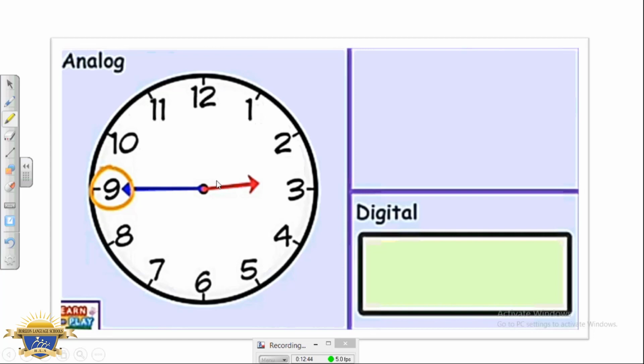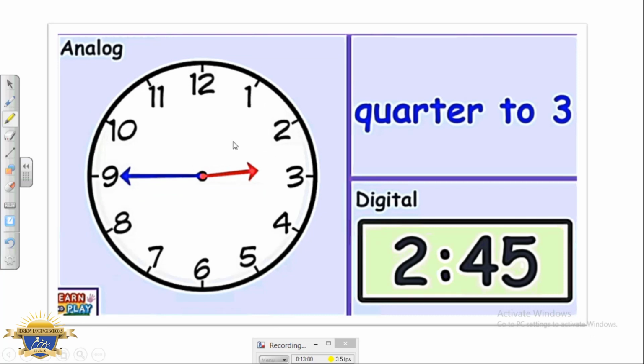The analog clock tells me that the hour is 3. The tall hand, or the minutes hand, is on number 9. So the minutes hand is on the left side. It's 2 sides, so I will take, excellent, the big number.